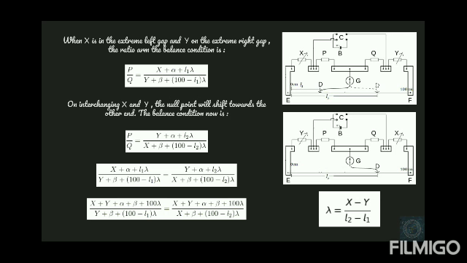Well, now you'll ask, what is that commutator for? That commutator is for directing and reversing the current each time. Whatever I said right now, that is interchanging x and y and all, each time you'll have to change the direction of current as well. That is, when x is on the left hand side and y on the right hand side, we'll have to pass the direct current and see L1. And then when x is on the right hand side and y is on the left hand side, we'll have to pass the direct current and find L2.